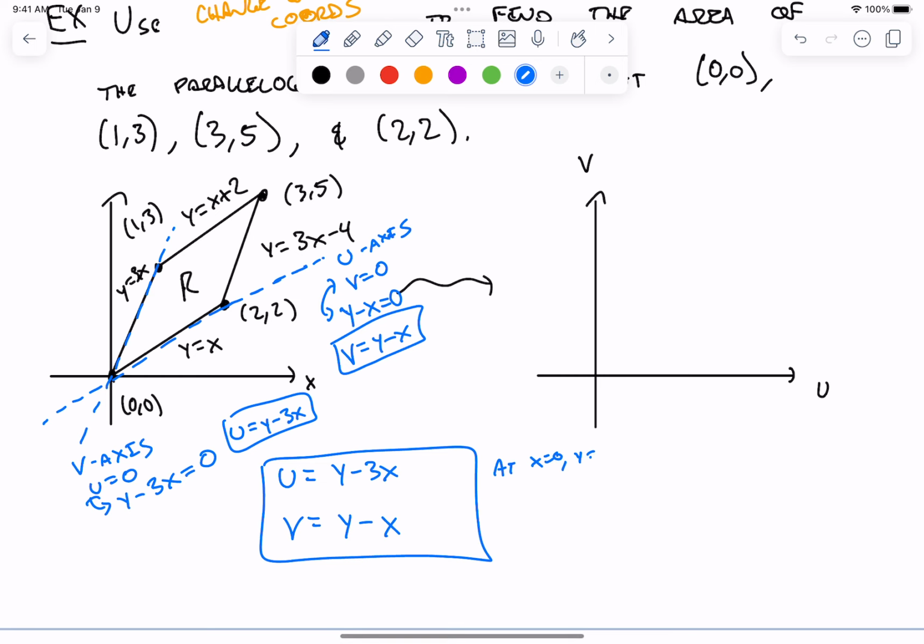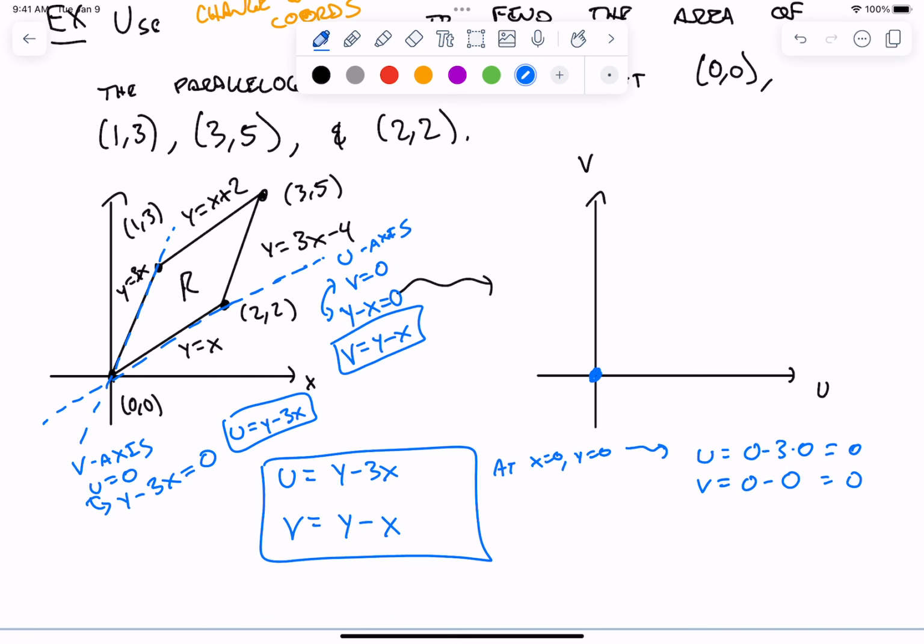What do you get? You get u equals 0, just subbing in those zeros, and you get v equals 0. What that's showing us is that the origin goes to the origin. The origin stays at the origin.